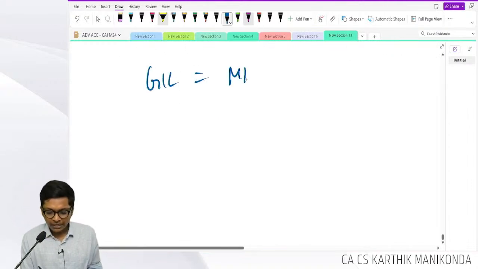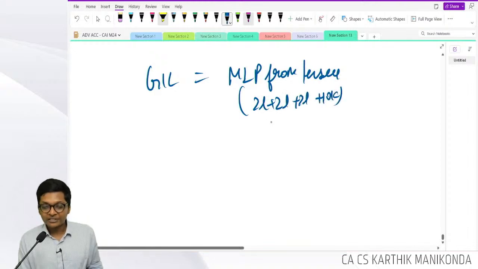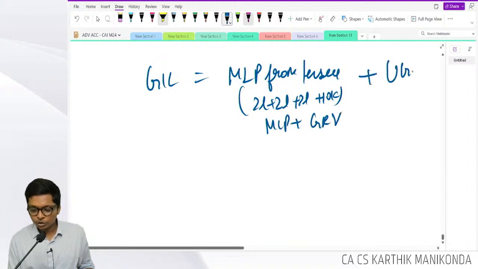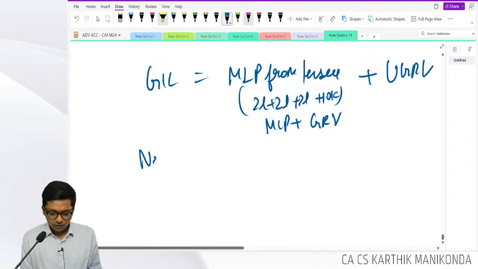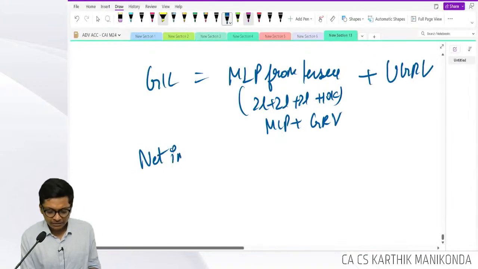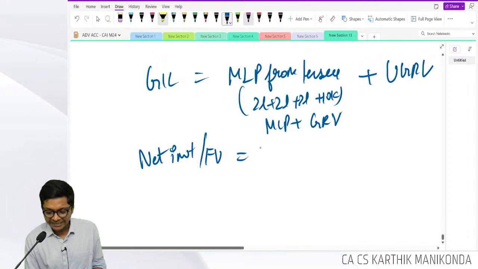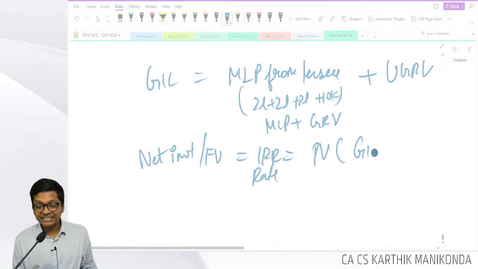GIL is equal to MLP from lessee, which is the 2 lakh plus 2 lakh plus 2 lakh plus 10,000, which is basically MLPs plus GRV plus UGRV. Then my net investment or fair value at IRR rate will be present value of GIL.